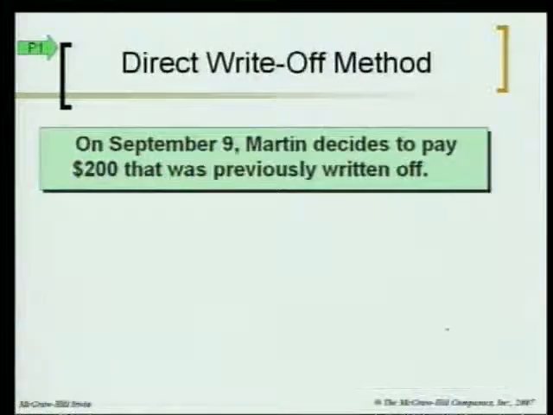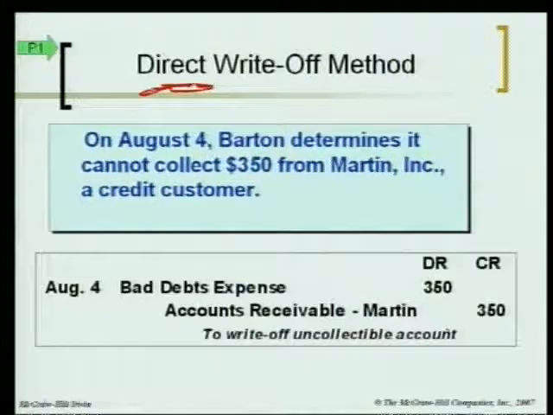But there's a problem with the direct write-off method. We wrote off this account on August the 4th, right? Now, we no doubt wrote this account off only after we had exerted quite a bit of effort in trying to collect this receivable. Are you with me? So here's the deal, coming off the PowerPoint and coming to me live.